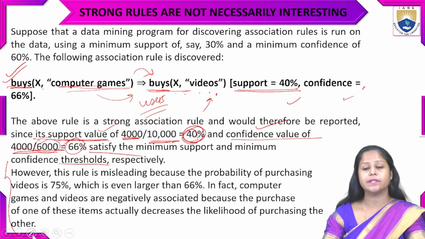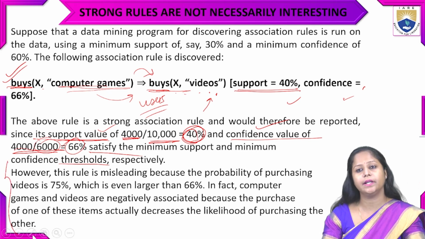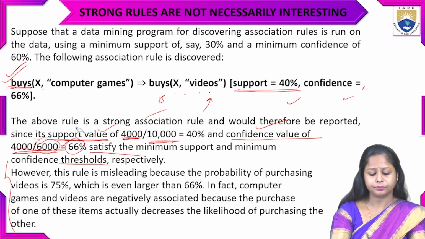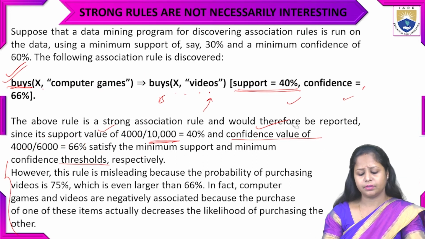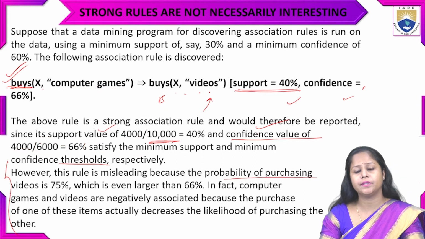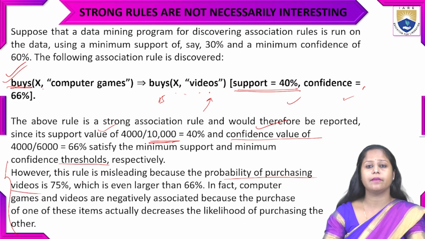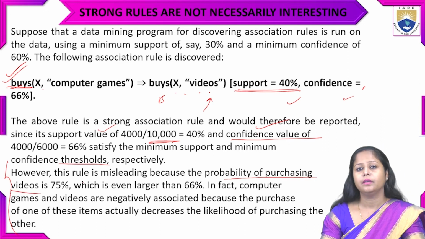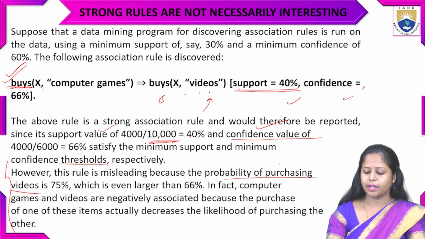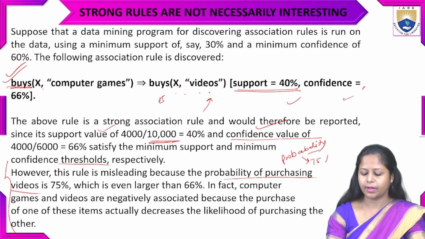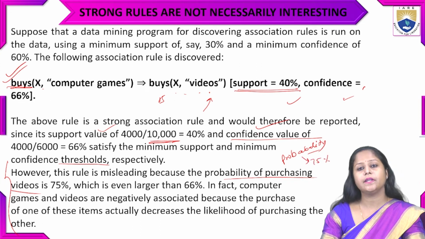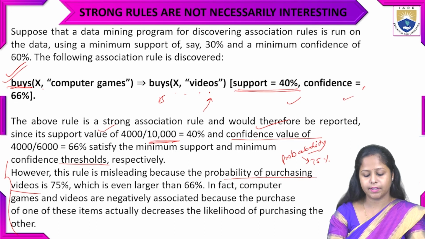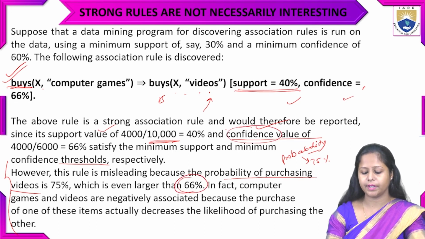However, this rule is misleading. Why is it misleading? Because the probability of purchasing a video is 75%, which is even larger than the 66% confidence.